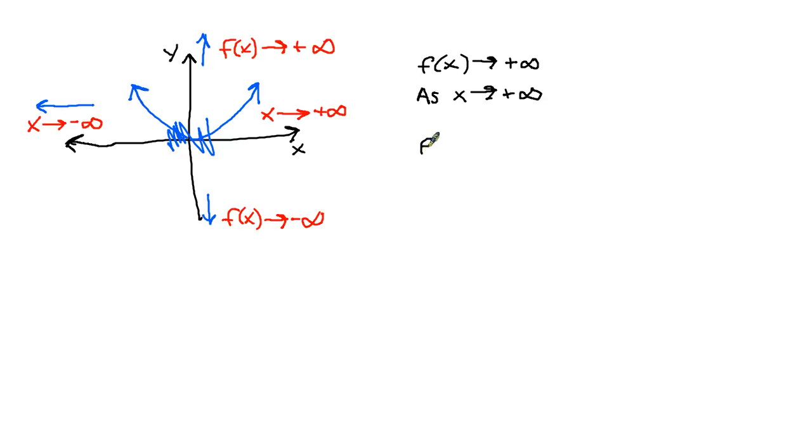And the way we do that is we again say f of x goes to, in this case, positive infinity, again because we're going up. And this time we say as x goes to negative infinity. So as x goes this way, our function goes up is what we're trying to say.